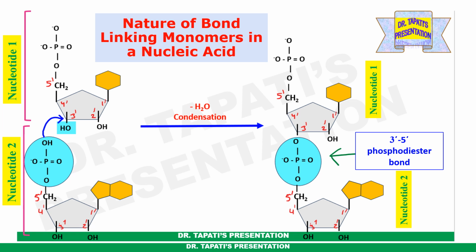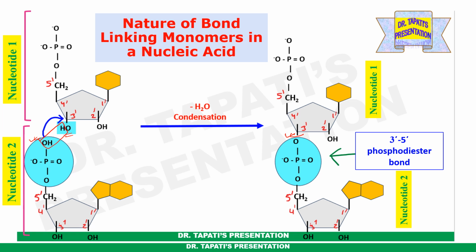In this case, the 3' position OH group present in nucleotide 1 forms an ester bond with the phosphate group of nucleotide 2. In that case, a condensation reaction occurs. That means water is removed, and due to the removal of water, there is formation of an ester bond.